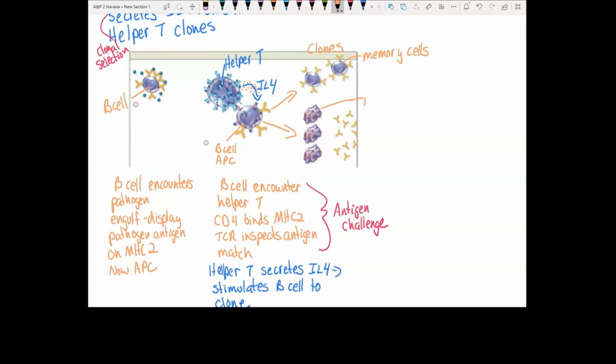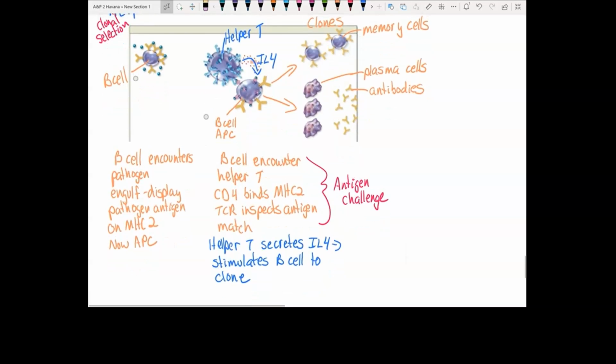These are plasma cells. And you notice all of this here is antibodies. Plasma cells make antibodies. So this part here is your clonal selection.